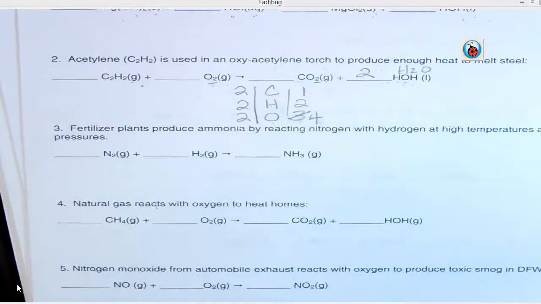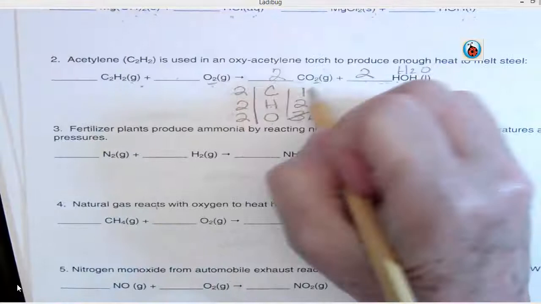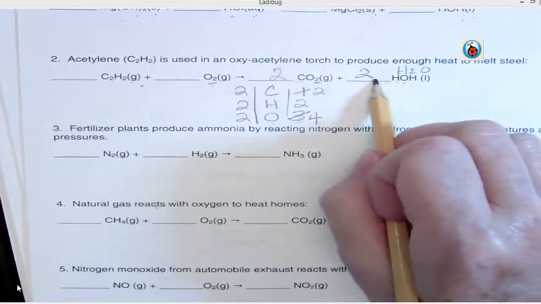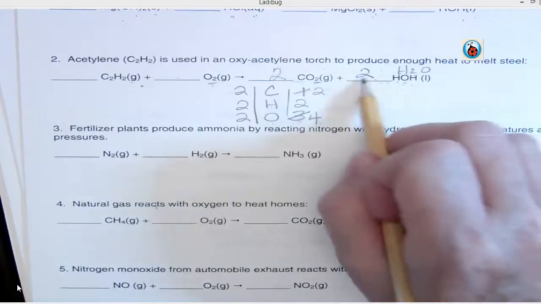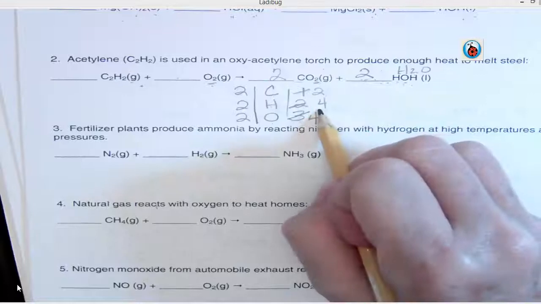Okay, so let's go back to our carbon. I know that I need to put a 2 here, right? So that will give me 2 carbon. But when you put that 2 here, how many hydrogen do I have now? I've got 4, right?